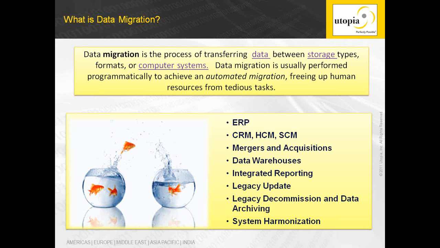Things like when people are implementing data warehouses, doing a legacy update, system harmonization, those sorts of things. So there's a number of areas where data migration plays a critical role in the successful implementation of what is quite often one of the largest improvement projects that organizations undertake.